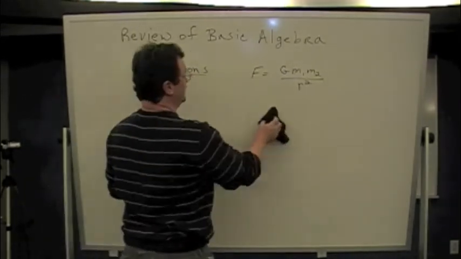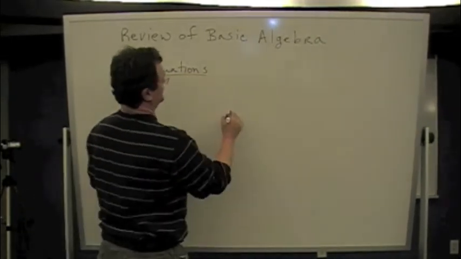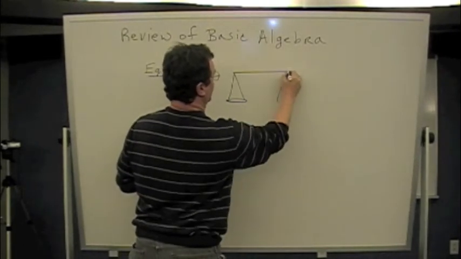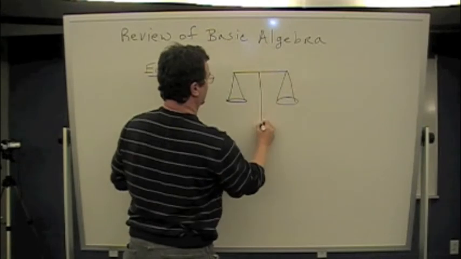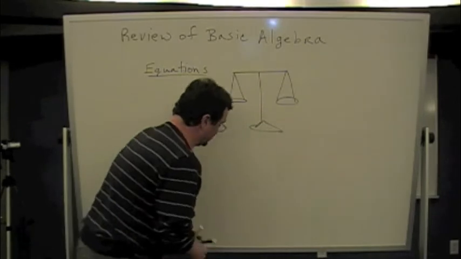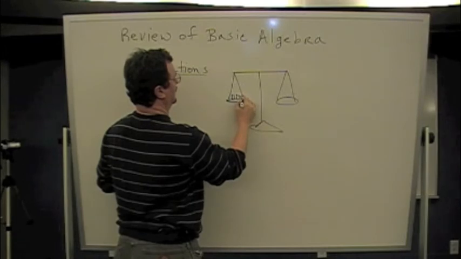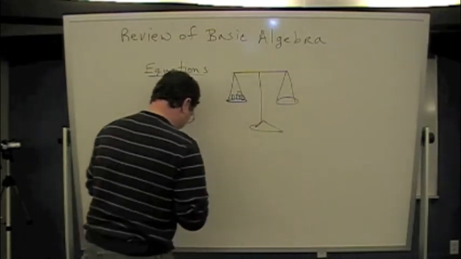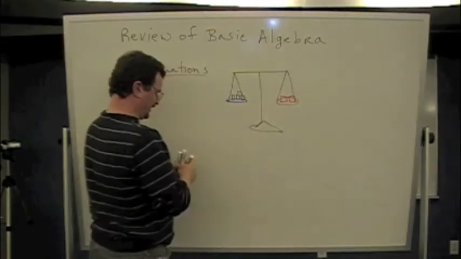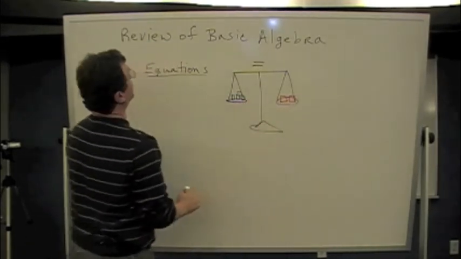Okay? But what you can do is you can think of an equation kind of like a balance in a chemistry class, where you've got one side and another side, and they're balanced. Okay? So in other words, if you've got a bunch of stuff on one side, and then you got a bunch of other things on the other side, whenever you have an equal sign, it means that this side is balanced with this side.